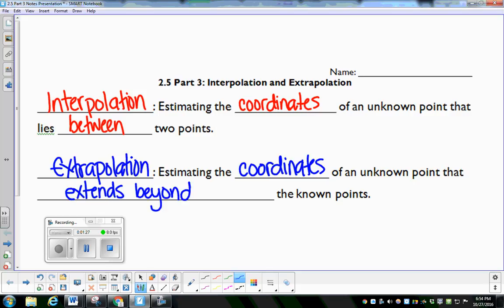So you can remember extrapolation, extend beyond. It's not within the data that we have, it's outside of it. Maybe we have data up until 2016 and we're going to try and estimate for 2020. Something like that. That's extrapolation. So we're going to do a couple of problems that will require us to either extrapolate or interpolate or both.